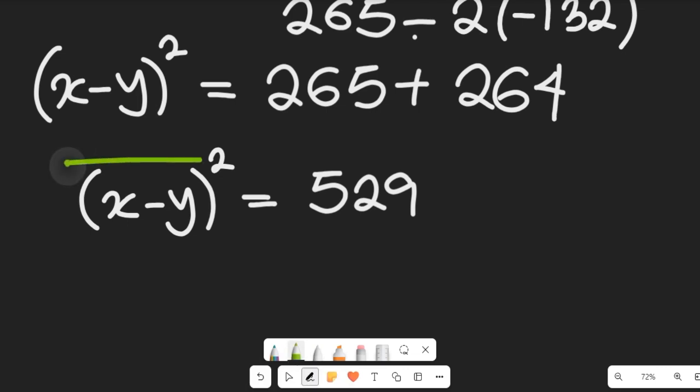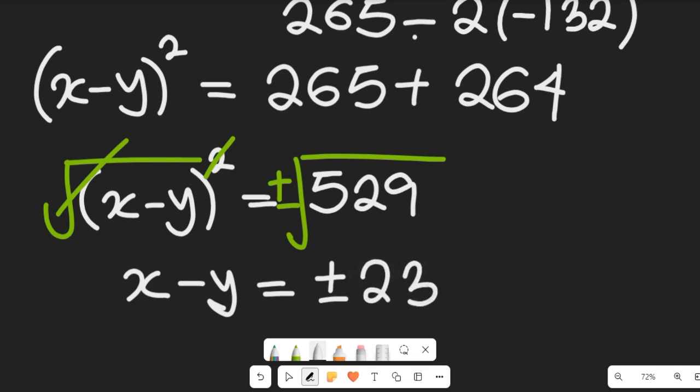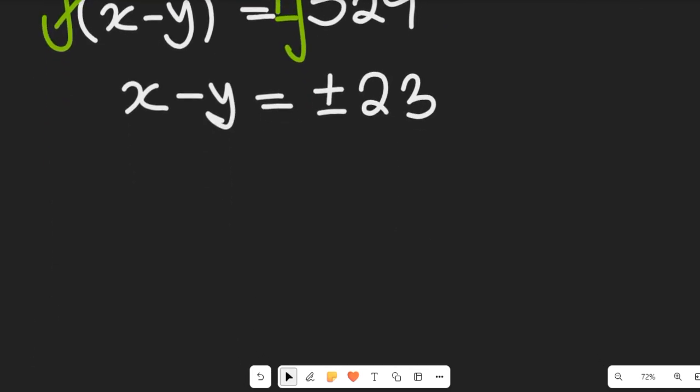This gives us x minus y equal to plus or minus the square root of 529, which is 23. So we see that x minus y is plus or minus 23.